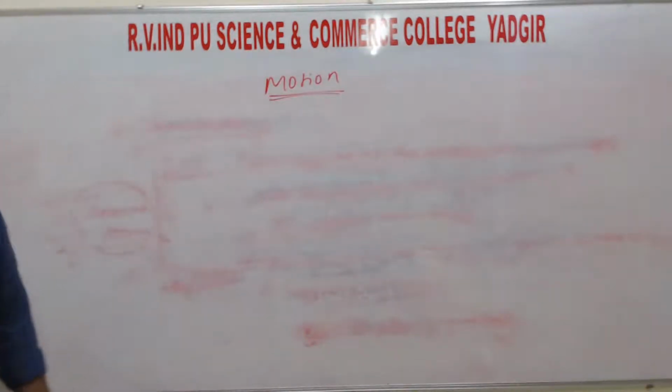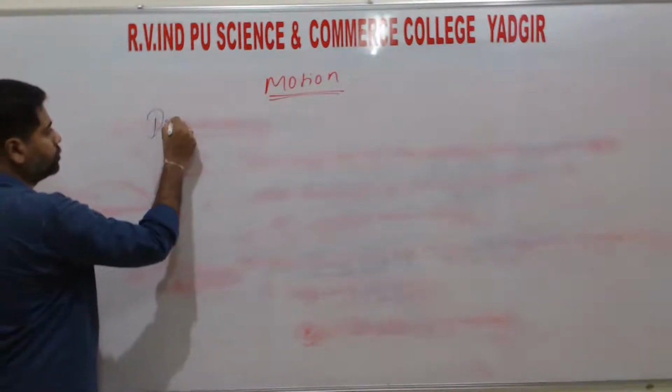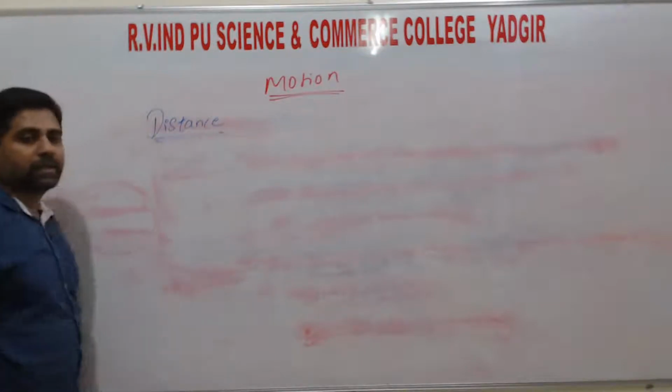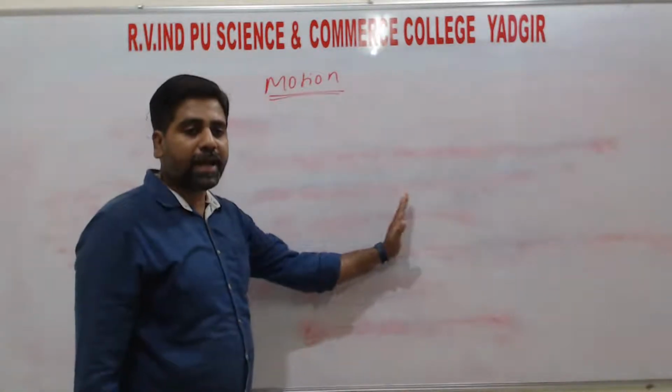So in the next, distance. So what is distance? Distance is the actual path traveled by an object.